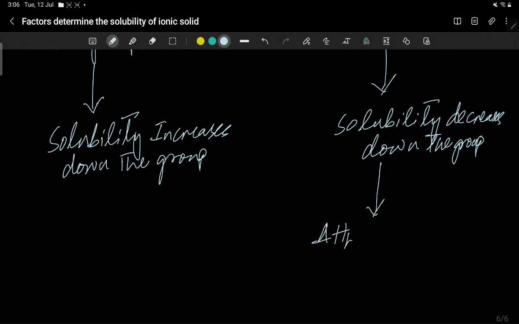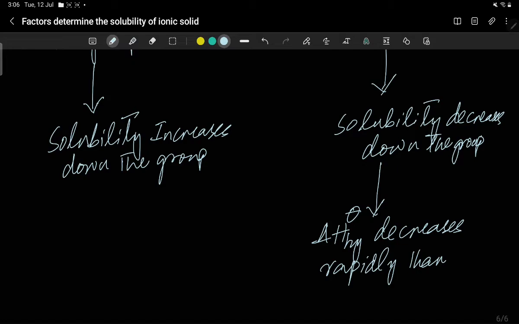Enthalpy of hydration decreases more rapidly than the delta H lattice energy.